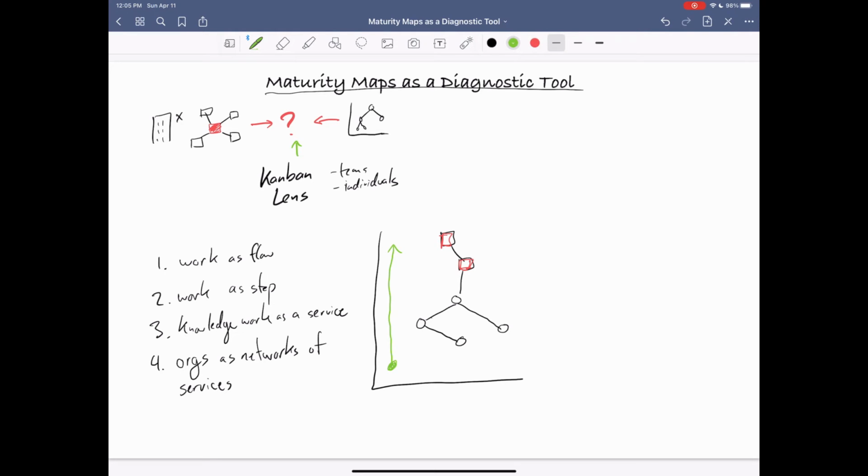Work travels through each one of these steps, where each step adds a bit of value to the work on the path towards meeting those user needs.